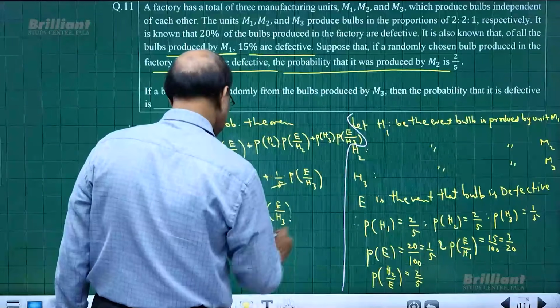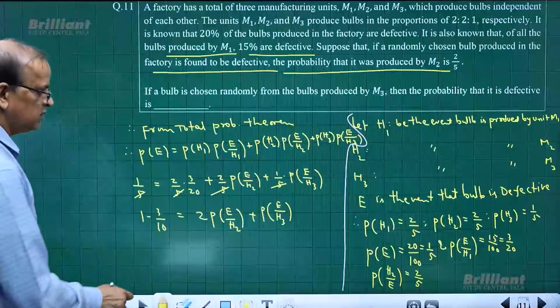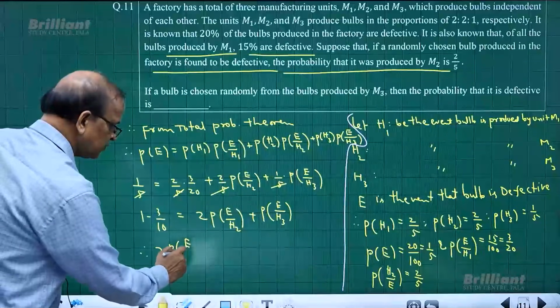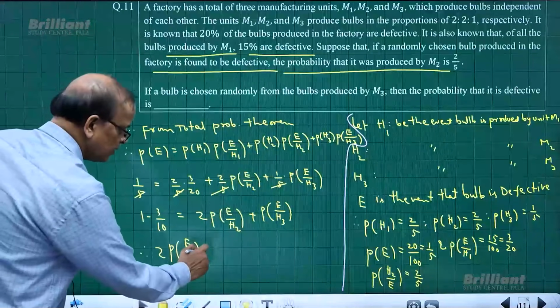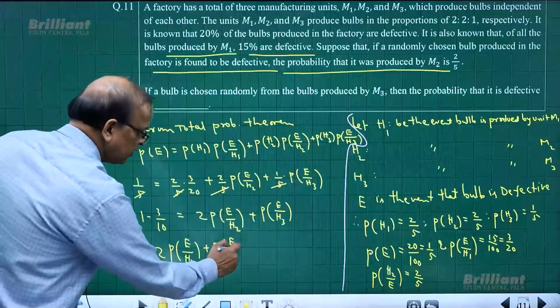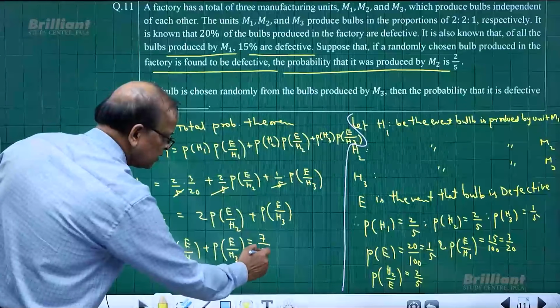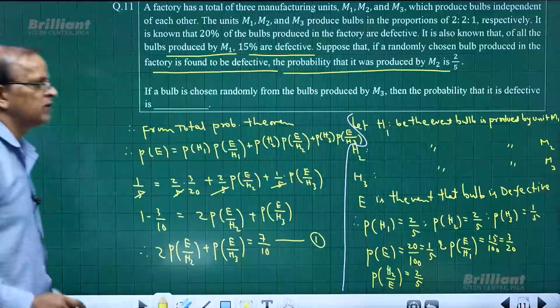Now it is 7 by 10. Therefore 2 times probability of E by H2 plus probability of E by H3 is equal to 7 by 10, equation 1.